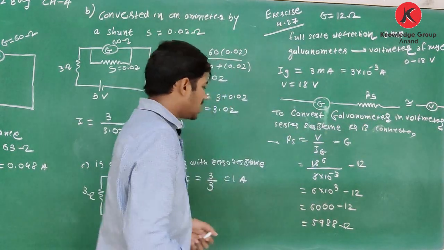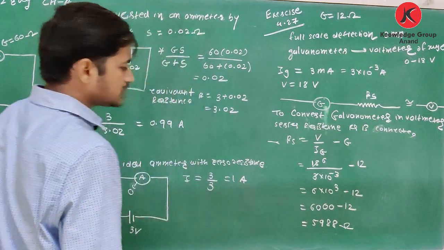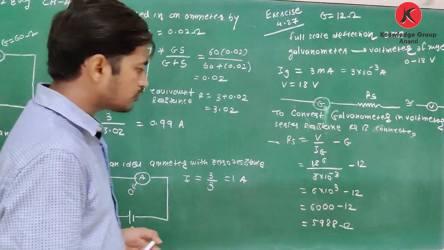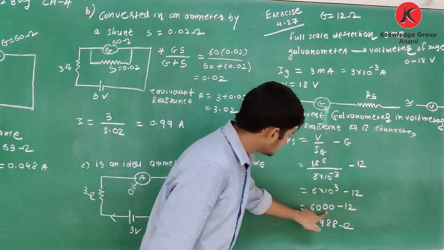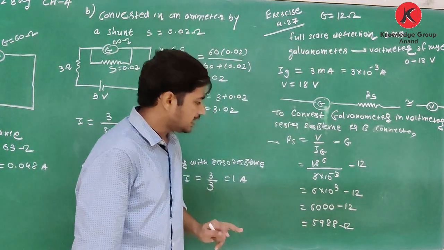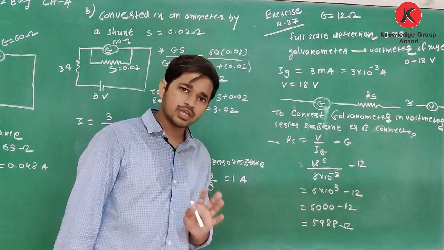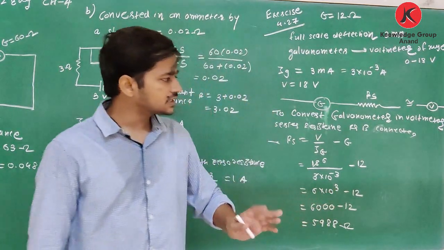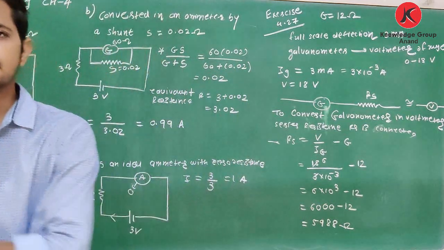Clear about this? 6000 minus 12 is 5988 ohm. So this much amount of resistance you have to connect in series.